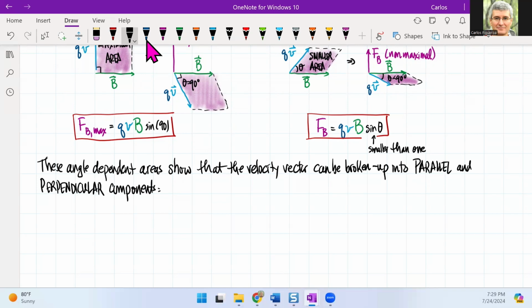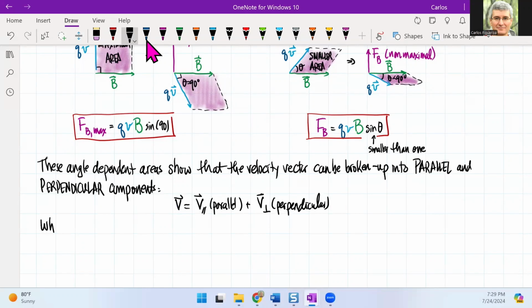In other words, we can write the velocity to be equal to v parallel, right? So this would be parallel, plus v perpendicular, and this will all be relative to the magnetic field.